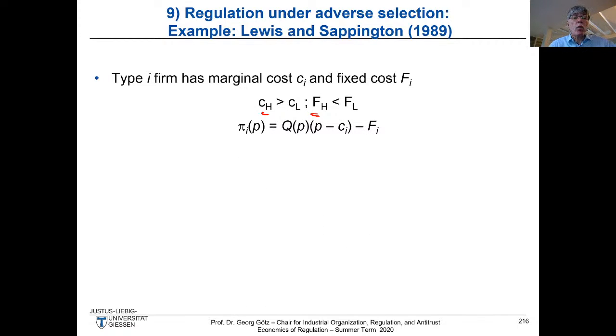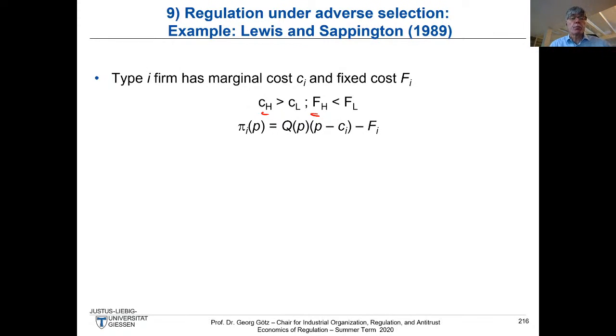So that's our setup. Remember, both marginal cost and fixed cost are unknown, but there is a relation between marginal and fixed cost. So if fixed costs are high, marginal cost will be low, and the other way around.